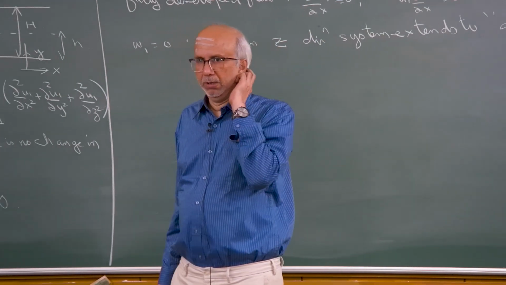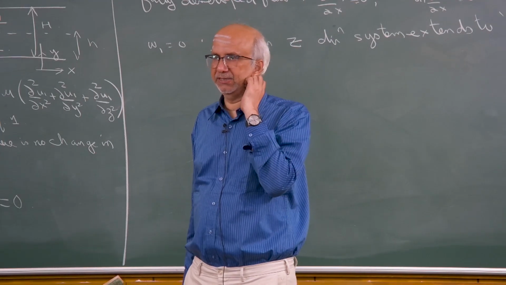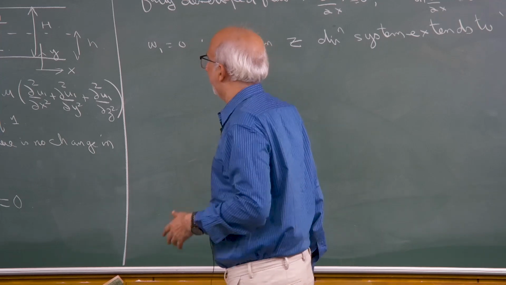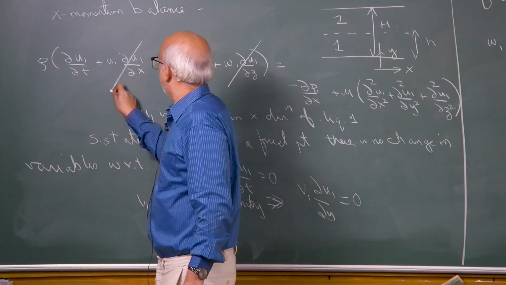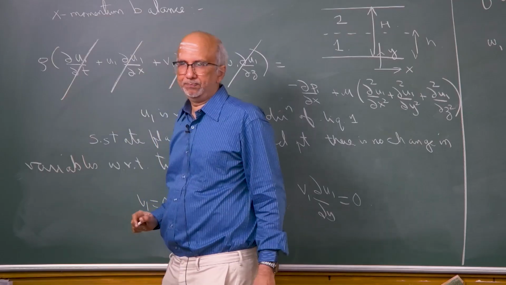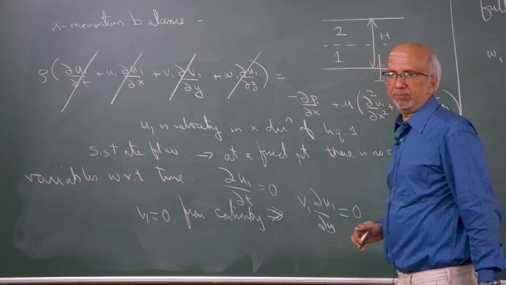So, there is no variation in the z direction. What does this mean? Because W1 is 0, this goes to 0, because V1 is 0, this goes to 0, fully developed flow, that goes to 0, steady state, that goes to 0. So, the left hand side basically is vanishing.